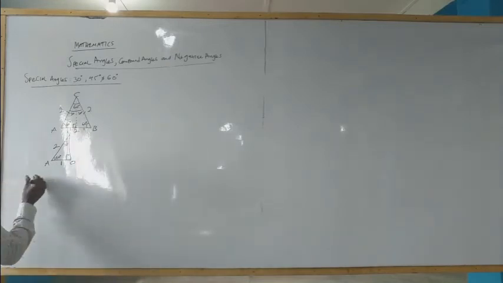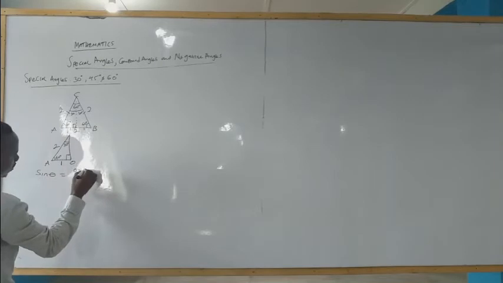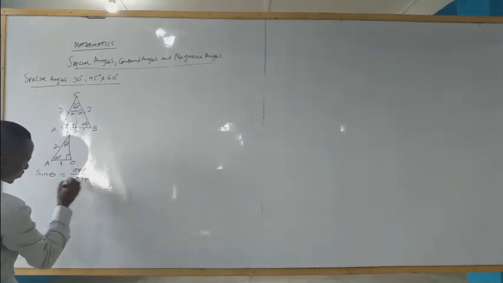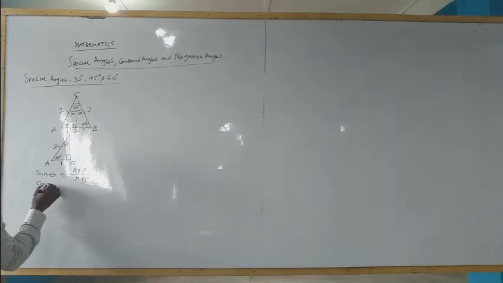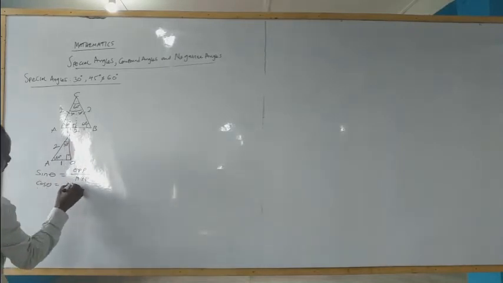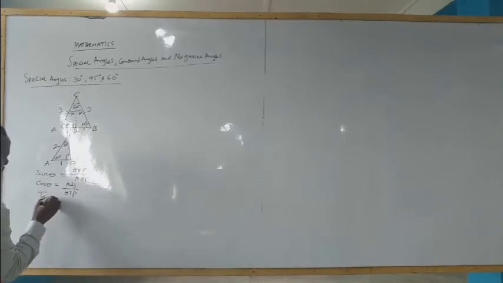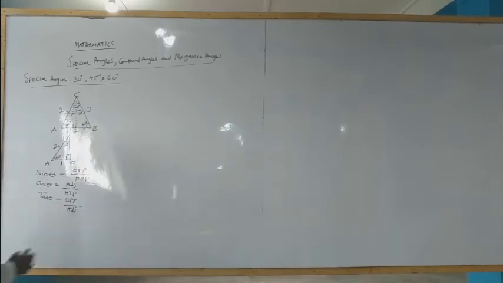From our trigonometrical functions, sine theta is equal to opposite over hypotenuse, cos theta is equal to adjacent over hypotenuse, and tan theta is equal to opposite over adjacent.